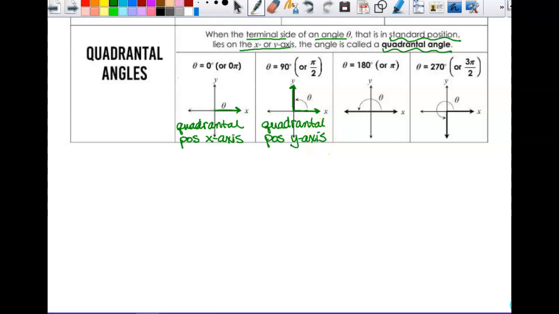If I'm at 180 or pi or 3 pi or whatever gets me there, then I would say it is quadrantal on the negative x-axis. And then you could probably figure this one out. This one would be quadrantal on the negative y-axis.